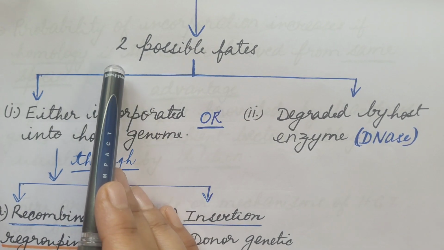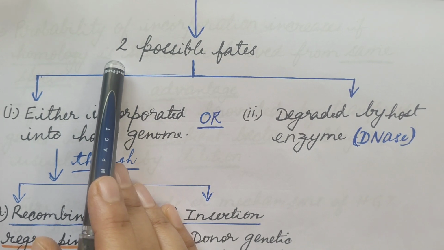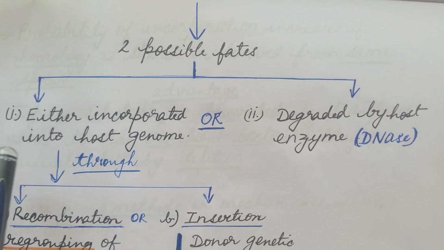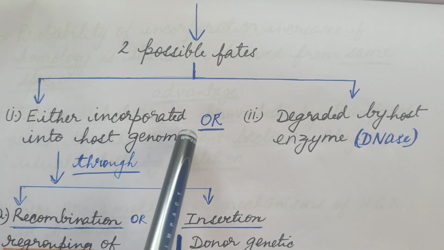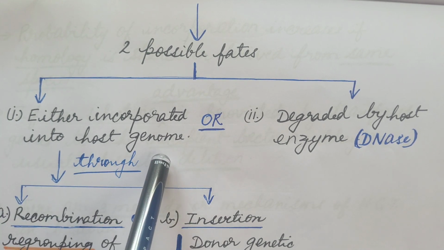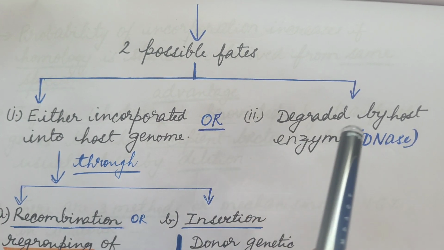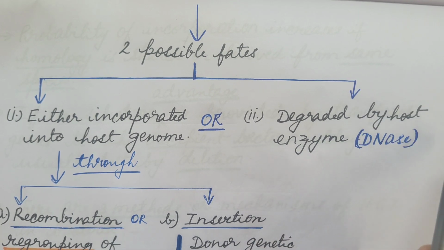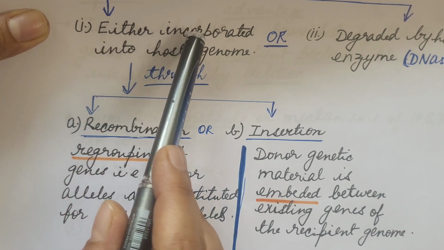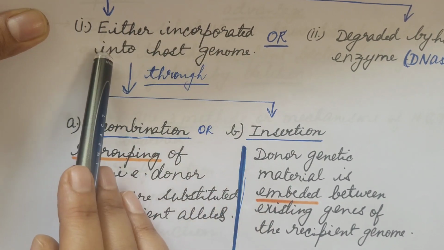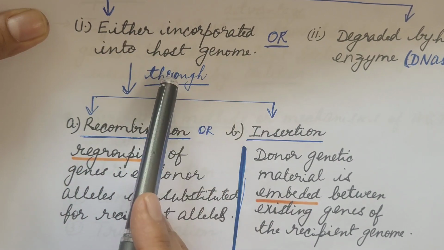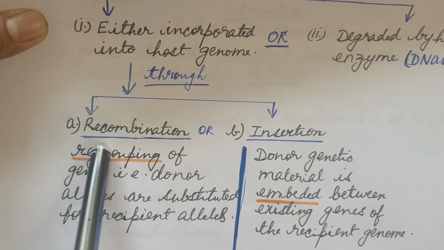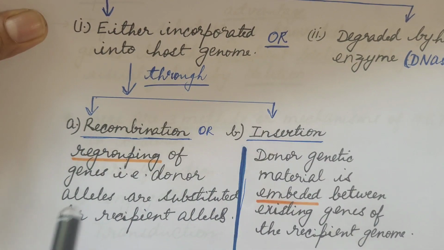Then this exogenote of recipient cell has two possible fates. First, it is either incorporated into the host genome or it is degraded by host enzyme, which is DNase enzyme. Incorporation of the exogenote into host genome occurs through two methods, recombination or insertion.